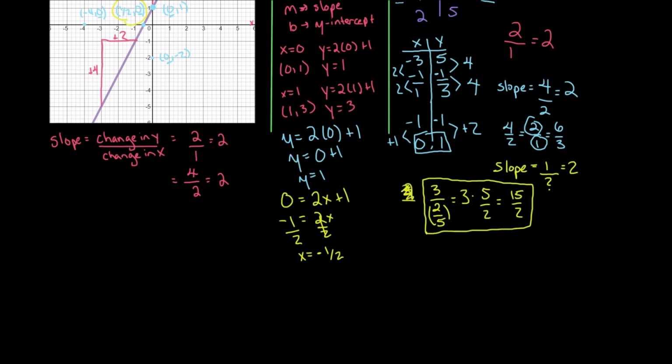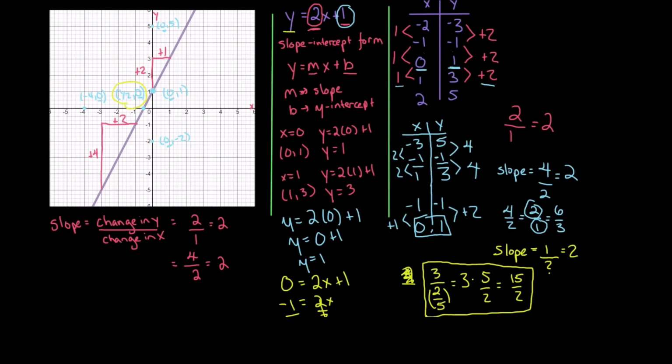So if we think about this rule, then for our slope, 1 divided by 1/2 is the same as 1 times 2 over 1, which is just 2. So what that tells us is every time we change by 1 in our y direction, we should change by 1/2 over here.